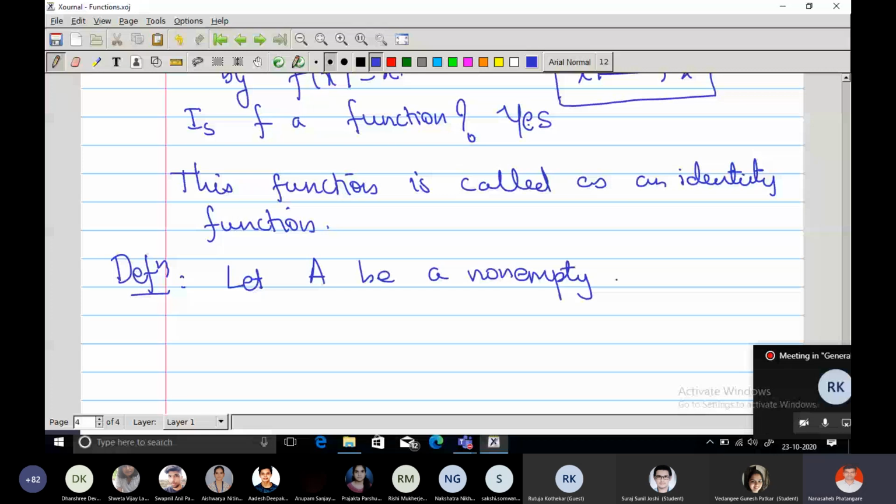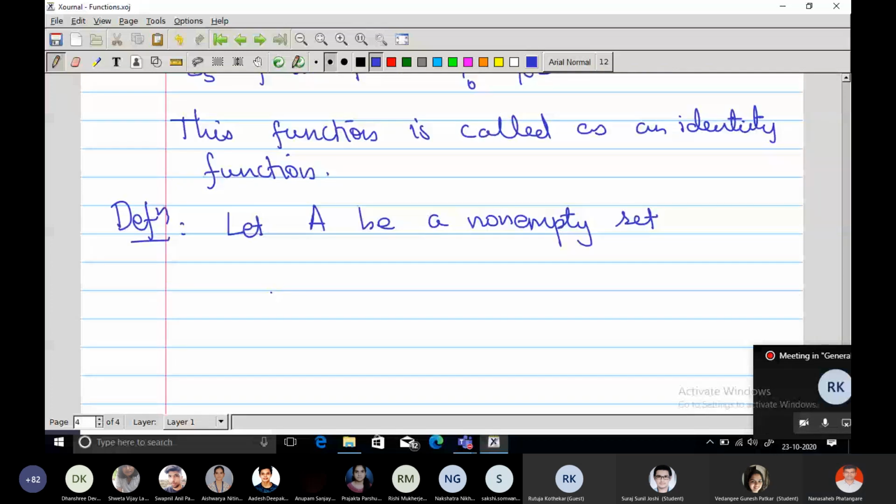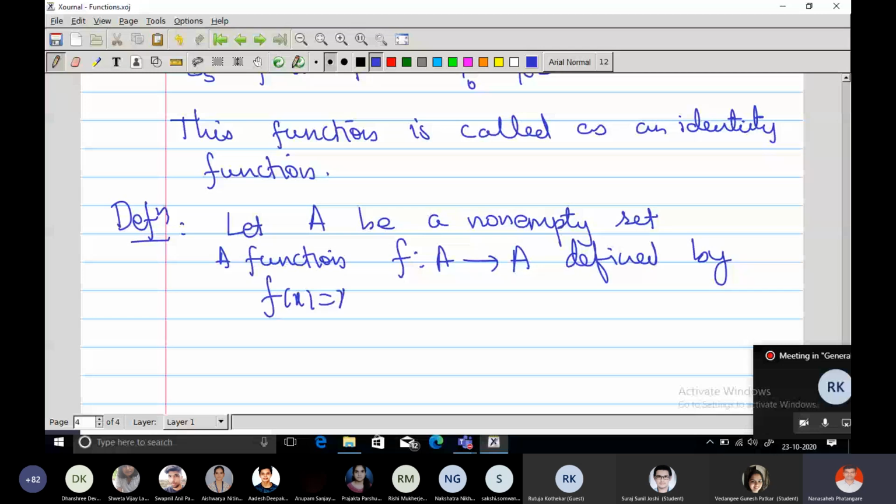A function f from A to A defined by f(x) is equal to x for all x in A, so every element is mapped or assigned to itself, is called an identity function.